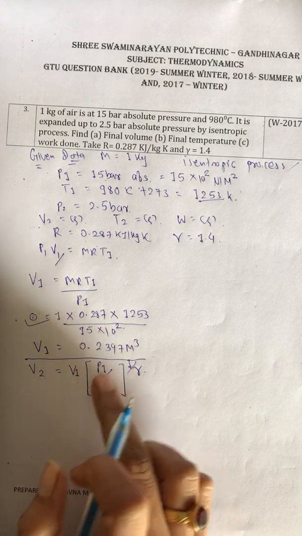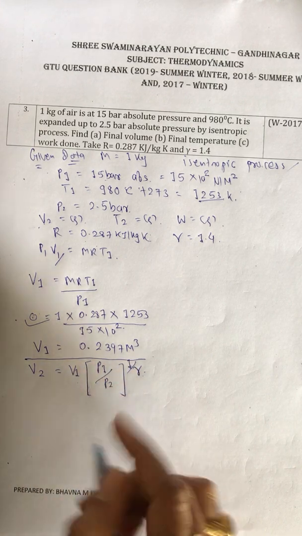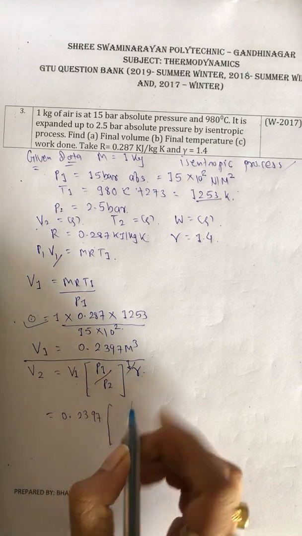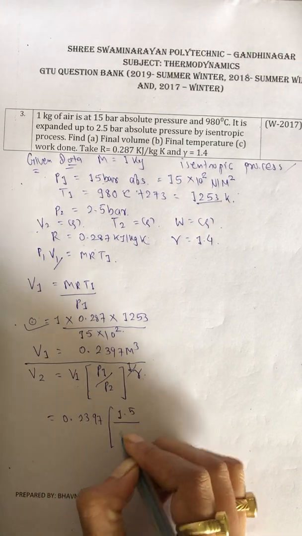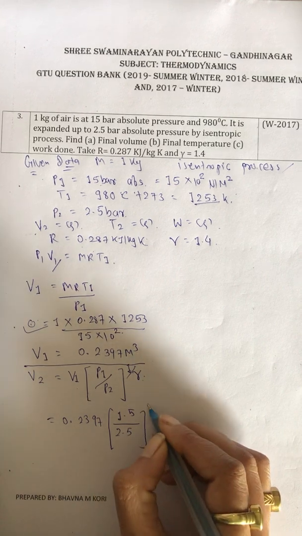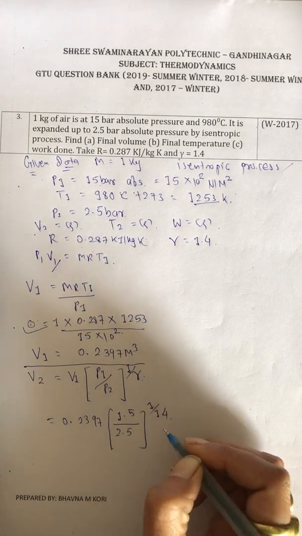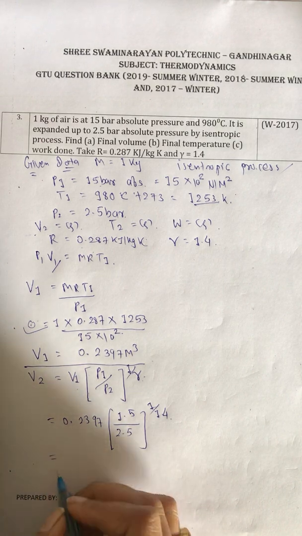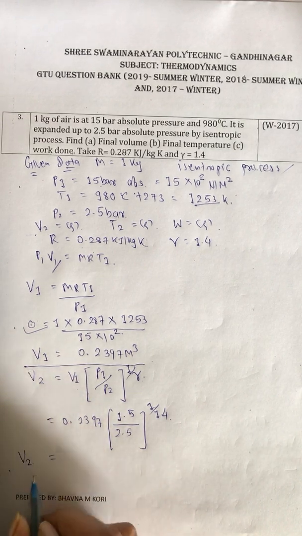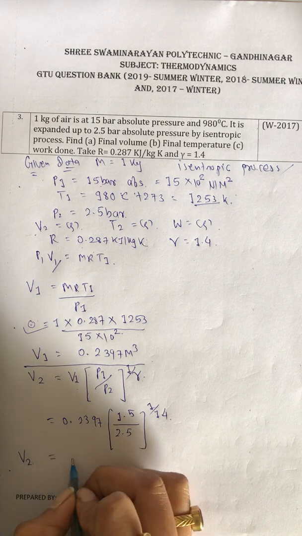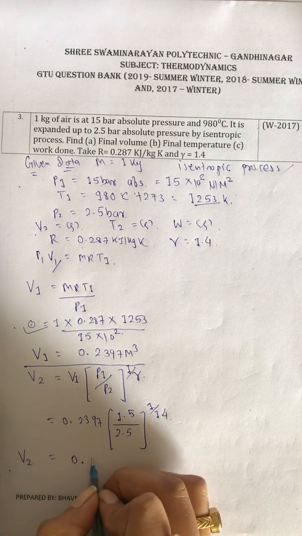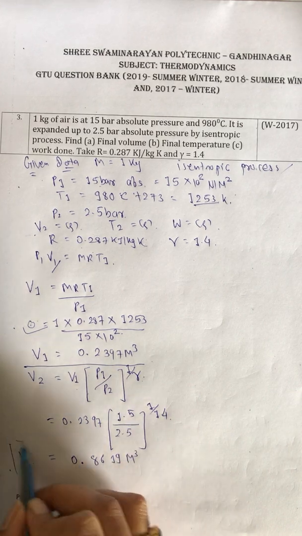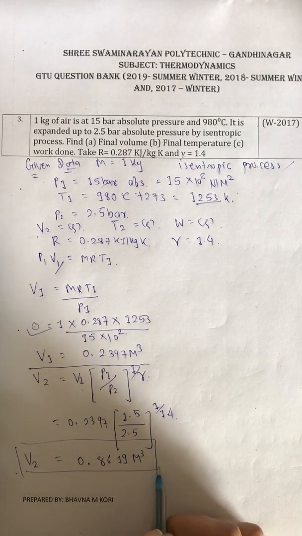We have all these values, so put them in this equation: 0.2397 into (15 by 2.5) raised to 1 by 1.4. Now solve this equation using a calculator and you will find the value of V2, that is 0.8619 meter cube. So this is the answer that we got.